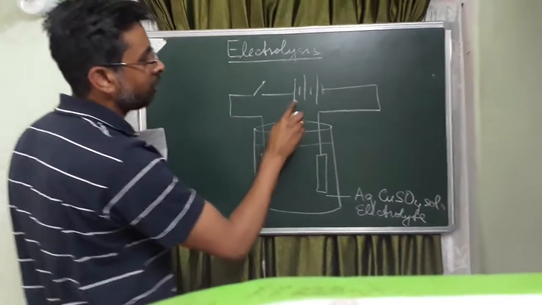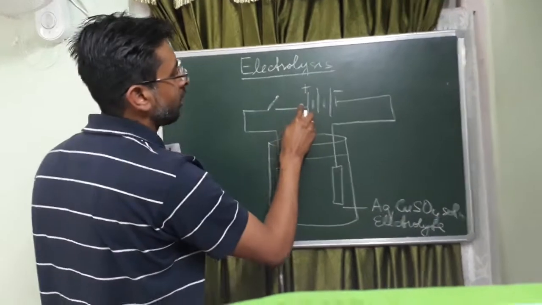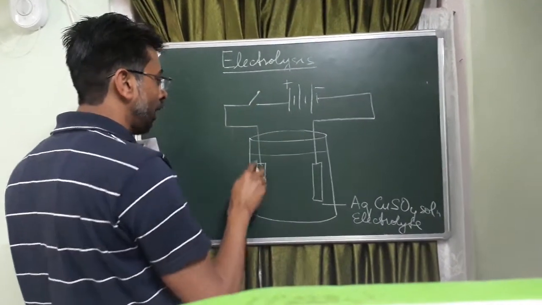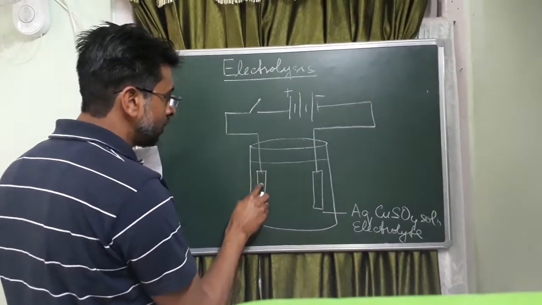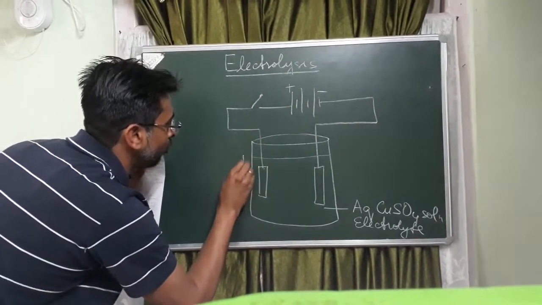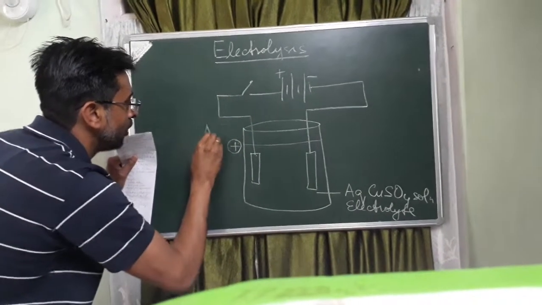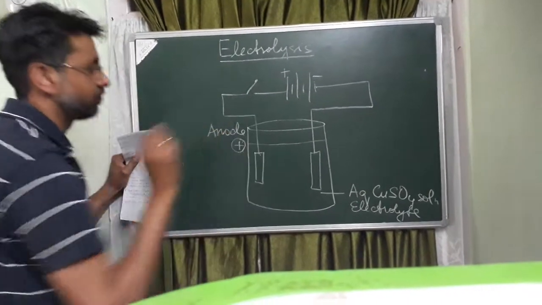Now, if you look at the battery, this is the positive terminal, this is the negative terminal. The positive terminal is connected to the switch and then to one of the plates. This plate, connected to the positive terminal, carries a positive charge, and it is called the anode.